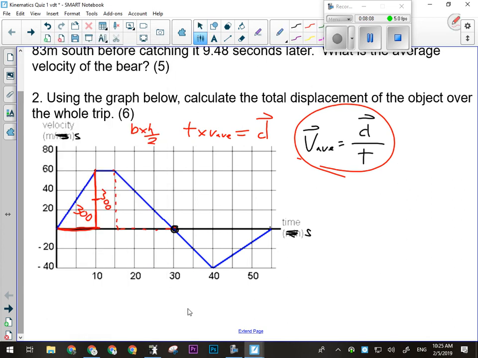Then we'll have these two triangles here. So this triangle will be negative 20 high by 10, so that'll be 200, but divided by 2, this is negative 100, and this one is negative 20 by 15. So this one should be negative 150, I think.